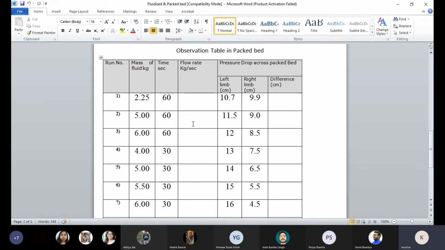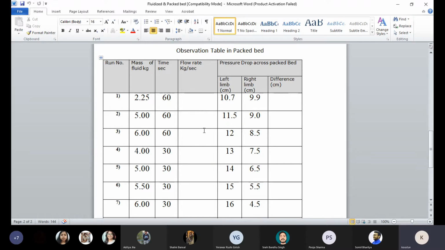Then we change the valve to a different turn and increase it. Like that, we collect different flow rates. At each point we also allow some time to attain steady state, so that we can measure the pressure drop in the manometer. Through that we take the delta P and the flow rate.